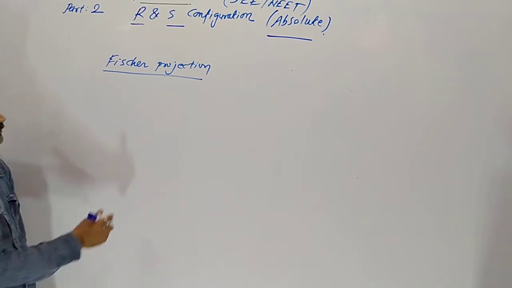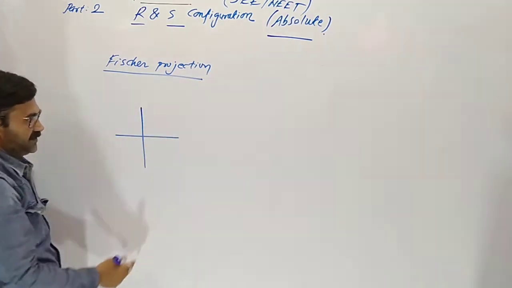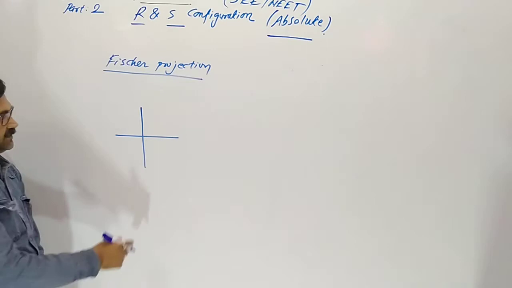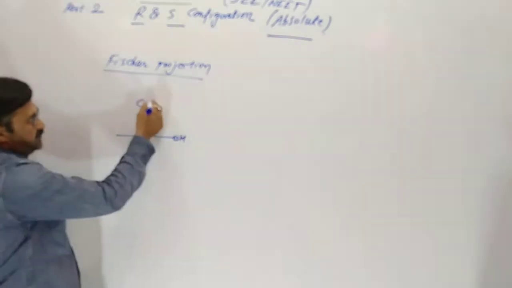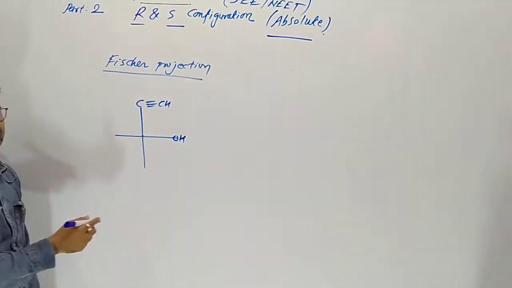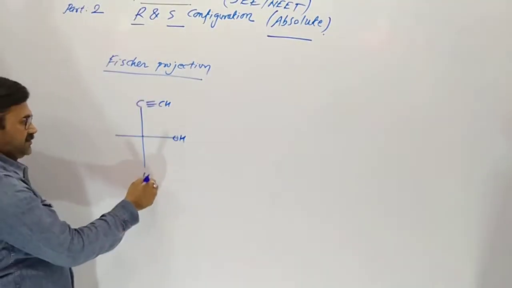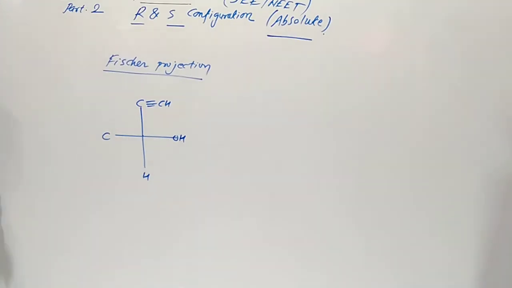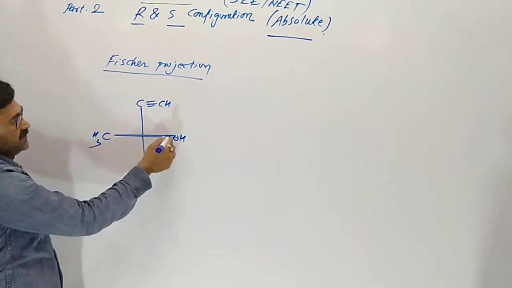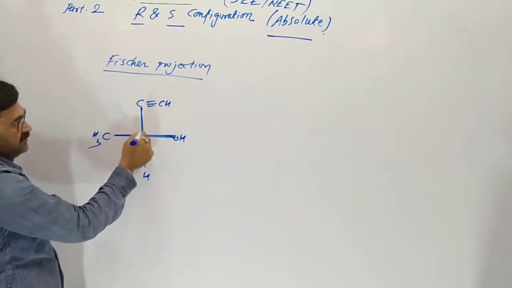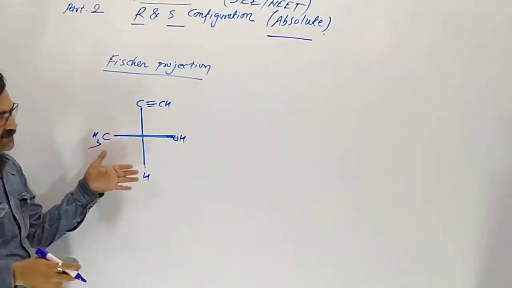Suppose this type of structure is given. It means this carbon is the chiral carbon. Understood? Here is OH, C triple bond CH, then H and CH3 is given. It means this is a horizontal line. We have to assume it is the plane.